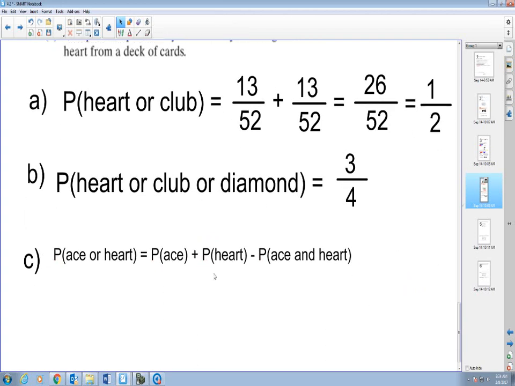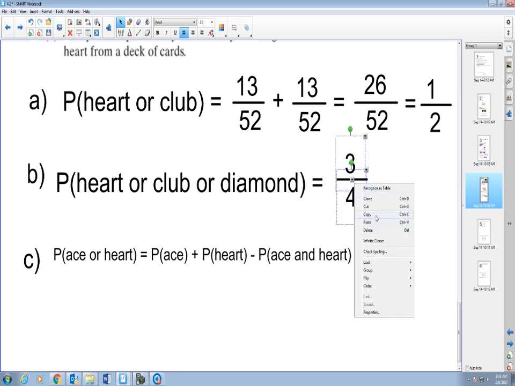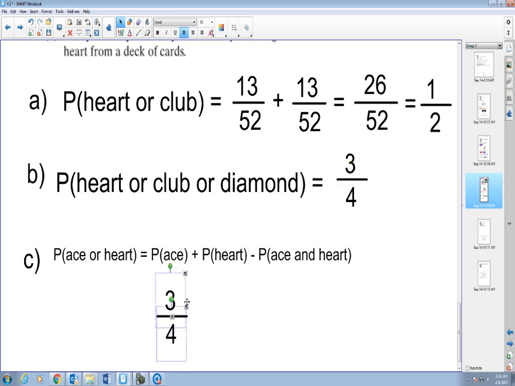If I count this correctly, the probability of getting an ace: there should be 4 ways to choose an ace out of 52 possible outcomes.